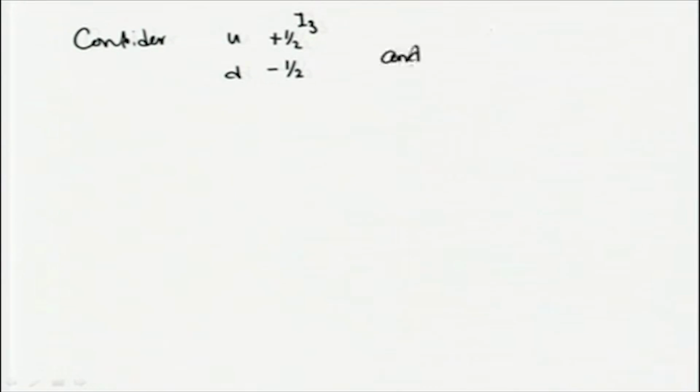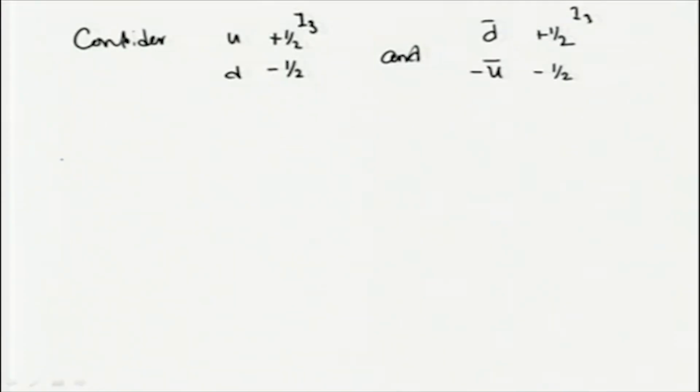And for the anti-quarks, we said we have a D bar and a minus U bar with I3 plus half and minus half. Let us form a combination of the U, D quark system and the U bar, D bar anti-quark system. What are the things that we can form?